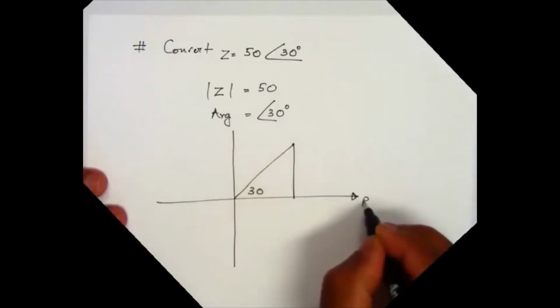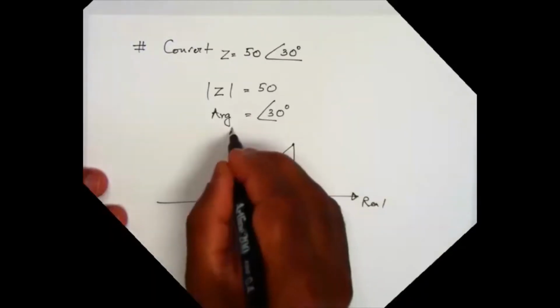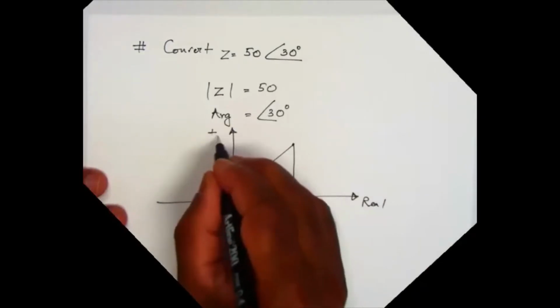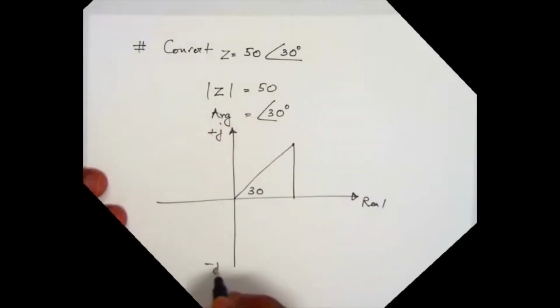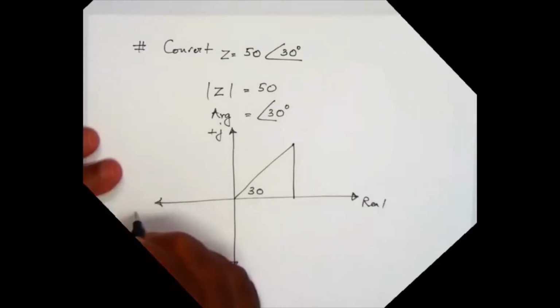That's our positive real axis, and that's the positive j axis and negative j axis and negative real axis.